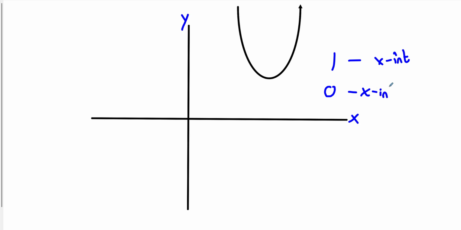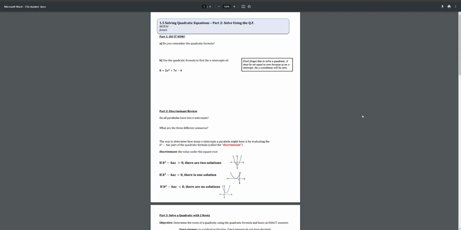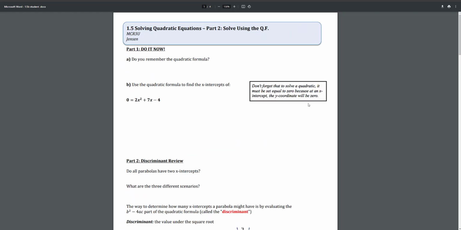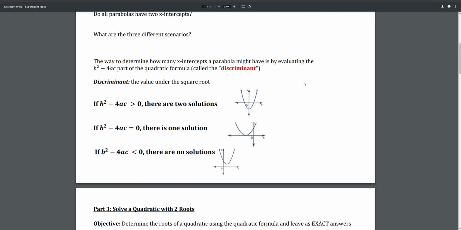So that's even a possibility. Why? Because it doesn't even touch the x-axis. That means it has no x-intercept. And here are the 3 examples from my notes. So we have 2 x-intercepts, 1 x-intercept, no x-intercepts.